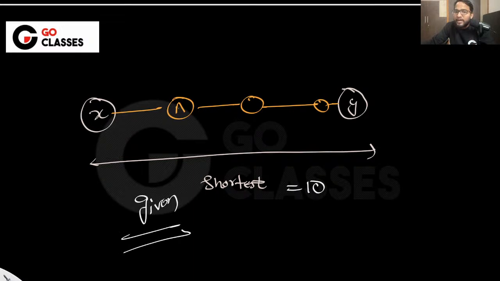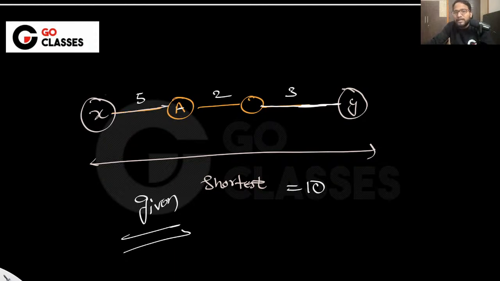Then I'm asking, can X to A, let's suppose 5, and then this is 2, this is 3, or something like this, right? So suppose this is the case. These are the edge costs, and suppose you know that X to Y is shortest, known to be 10. Now I'm asking, can this be lesser than 5?